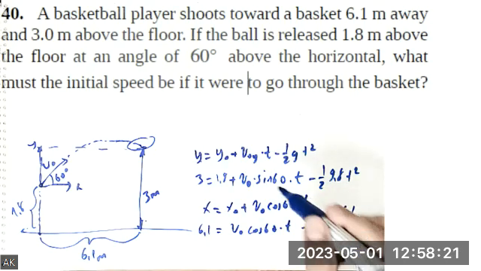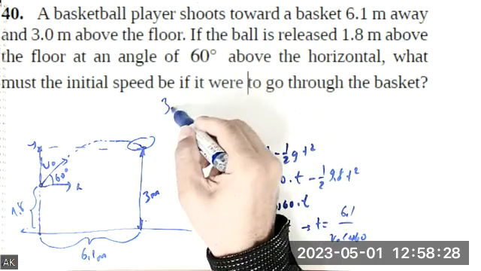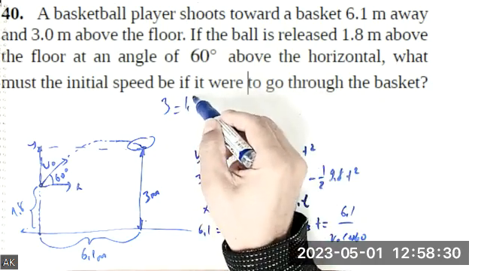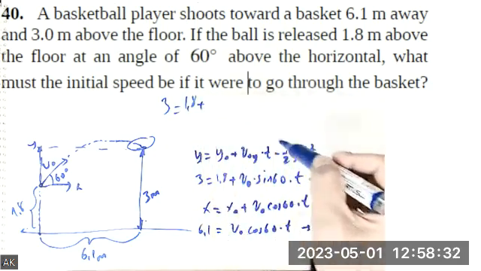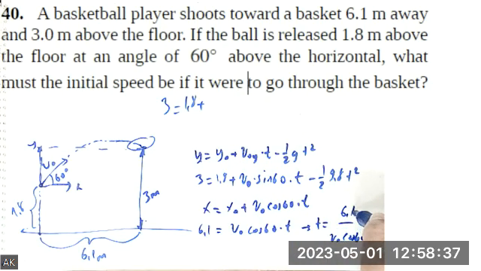All right. So in the first equation, if you put t over here, you get this equation: 3 is equal to 1.8 plus v0 sine 60 times t, where t is 6.1 divided by v0 cosine 60.